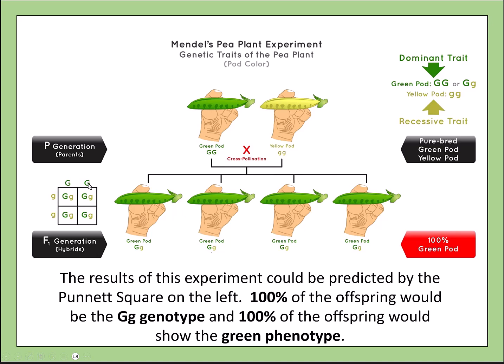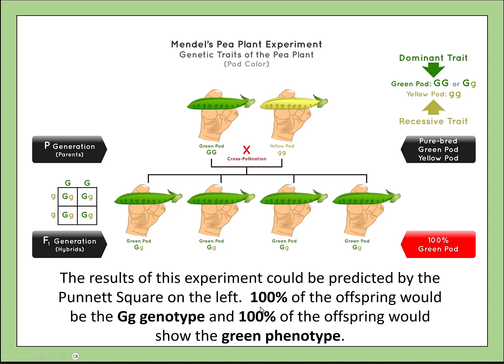So we've got one parent over here, one parent over here. And those alleles are going to combine so that all of the offspring are going to be heterozygous. So you can see with all heterozygous pea plants in that F1 generation, they're all going to be green. And so that would make a lot of sense then as to why this yellow trait is disappearing in that F1 generation.